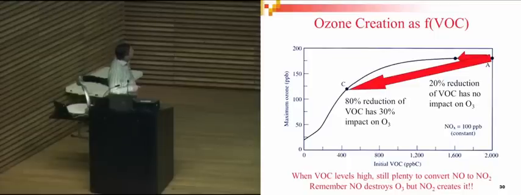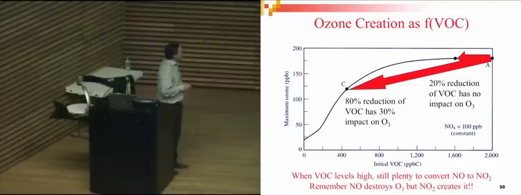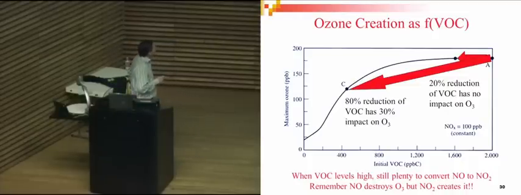So remember, when VOC levels are high, there's still plenty to convert NO to NO2. But we have to remember that NO destroys ozone, but NO2 creates it. So this graph just looks at total carbon in an atmosphere, and we certainly see the increase of ozone production with an increase in VOCs.